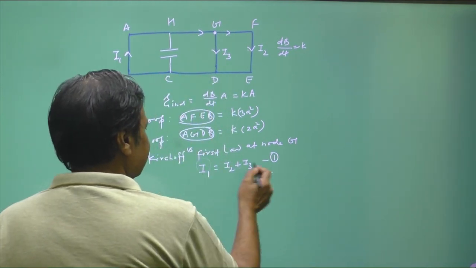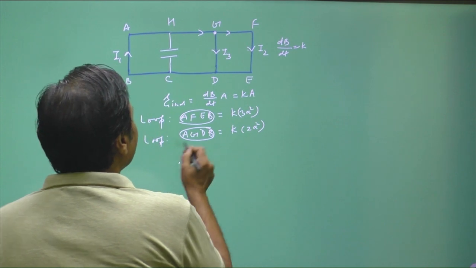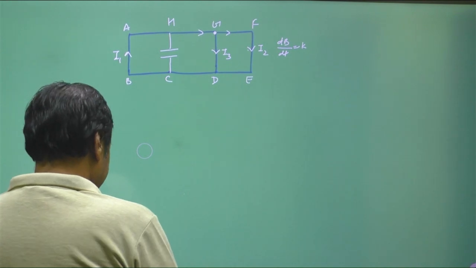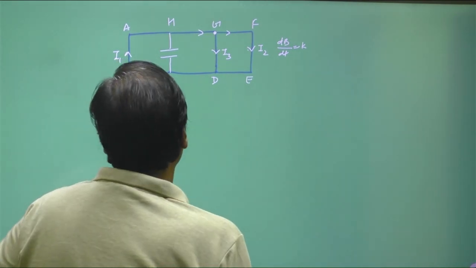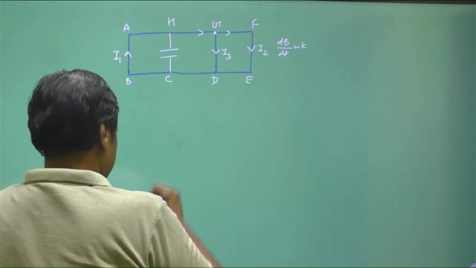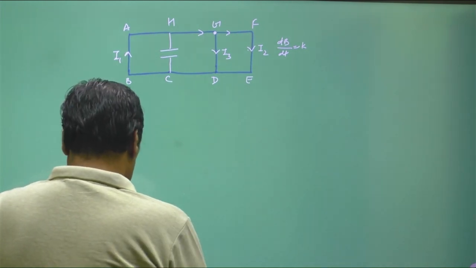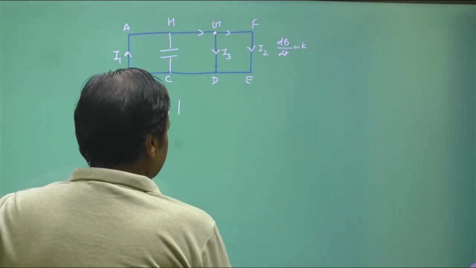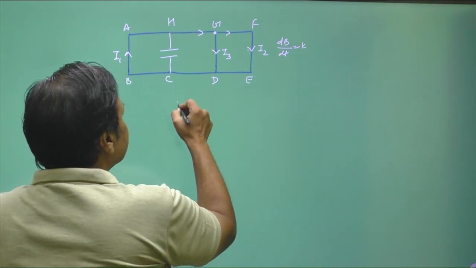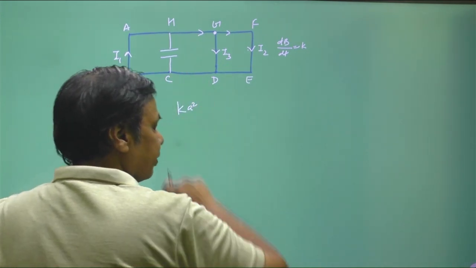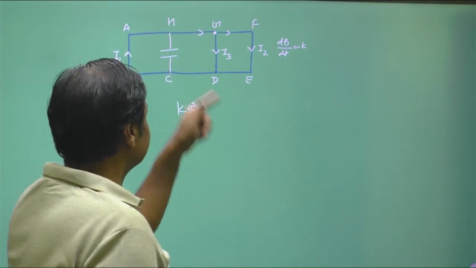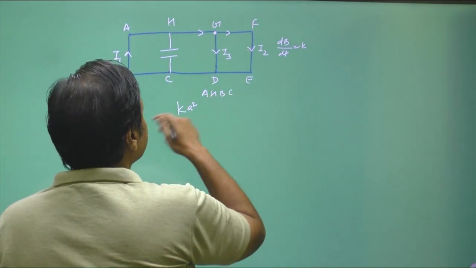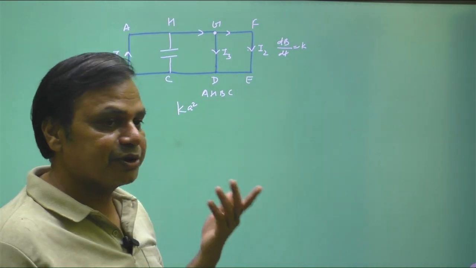So I'm going to rub them out, and you can see this capacitor is being driven by the voltage Ka square, here or here. But I will take this loop, this contour AHBC, and the voltage provided to the capacitor is Ka square.